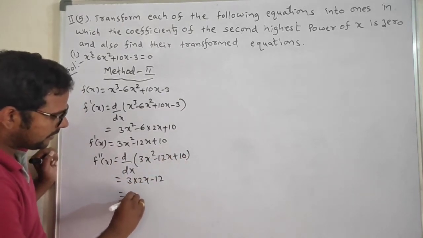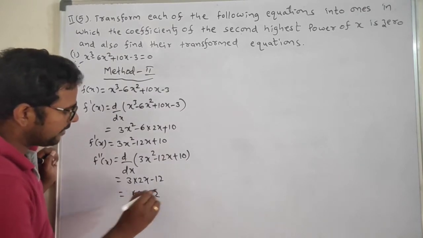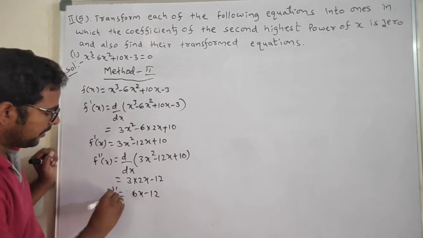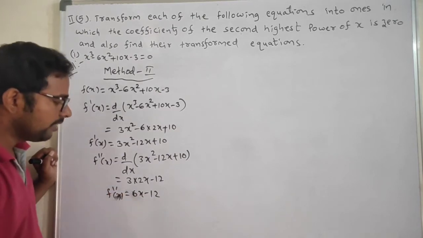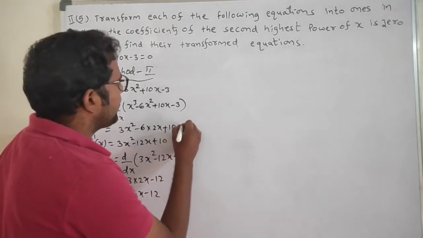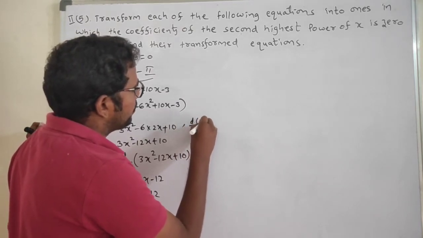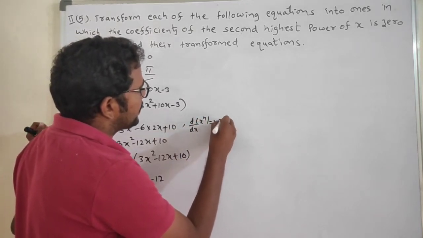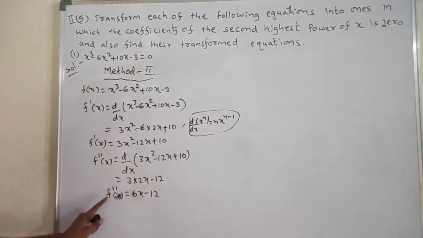So f double dash of x is equals to 6x minus 12. The d by dx of x power n formula is n into x power n minus 1.